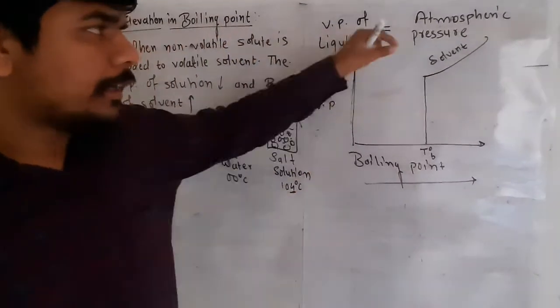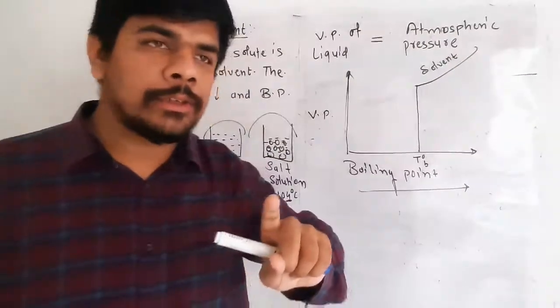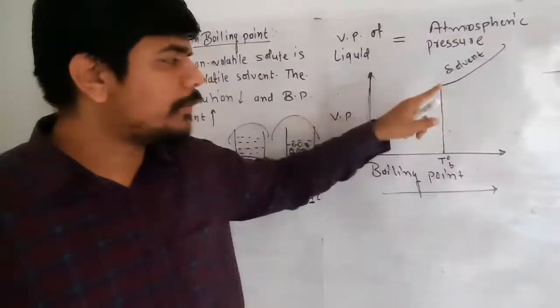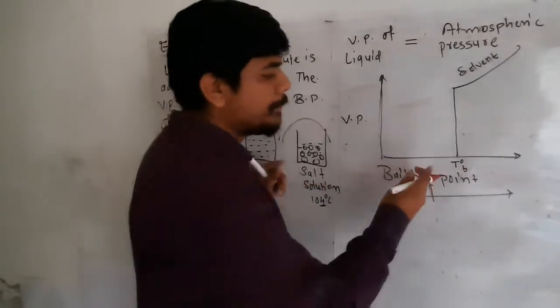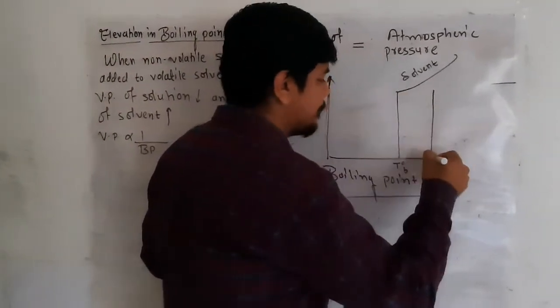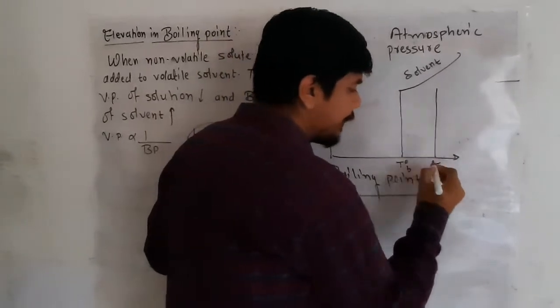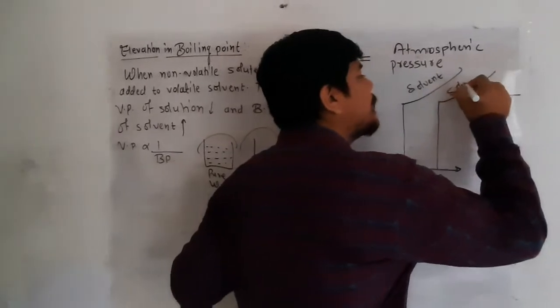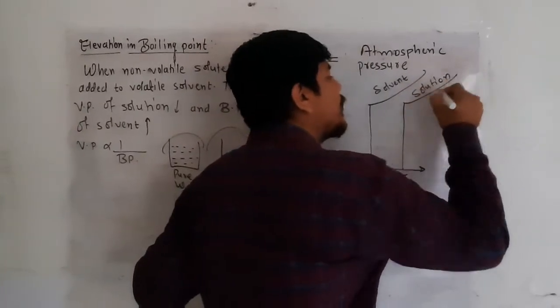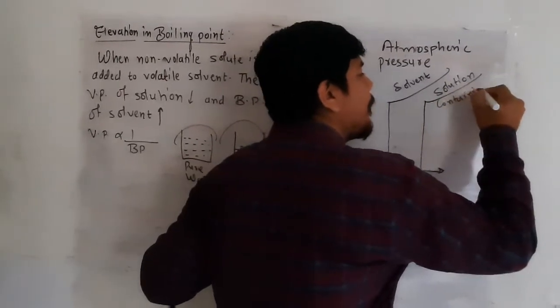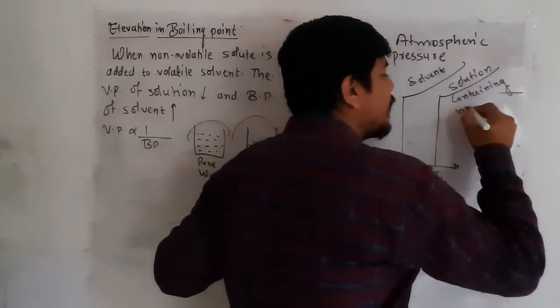If I add any non-volatile solute to this solvent, what will happen? Its boiling point will increase. Here it will be TB. This is for the solution containing non-volatile solute.